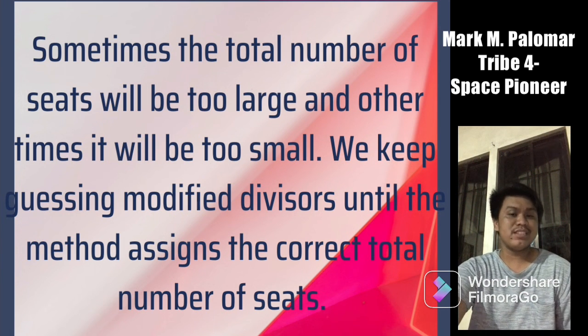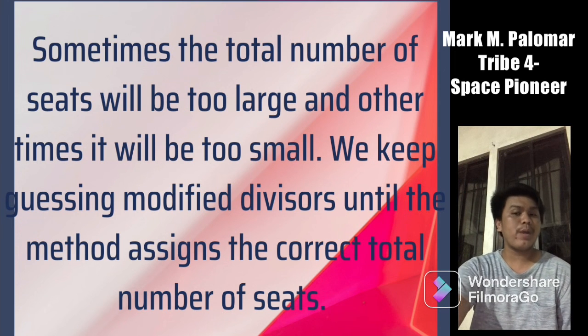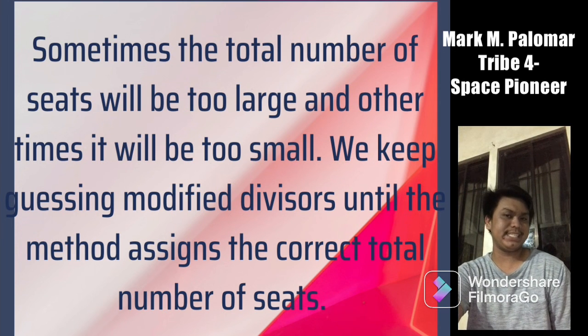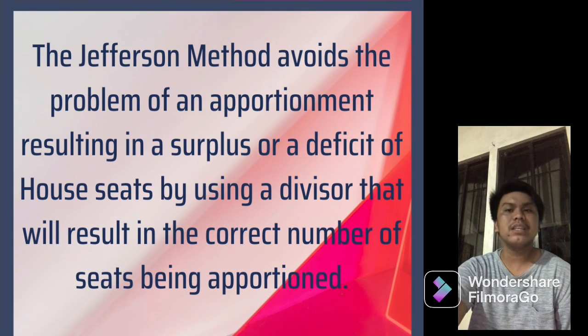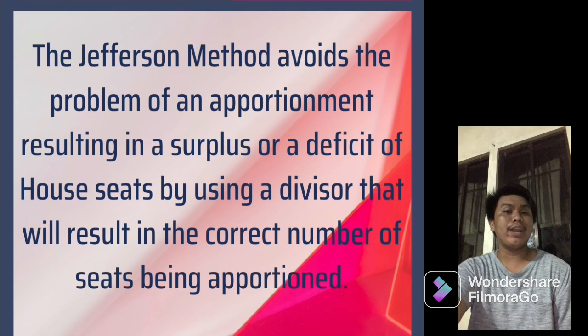We keep guessing modified divisors until the method assigns the correct total number of seats. Likewise, the Jefferson method avoids the problem of an apportionment resulting in a surplus or a deficit of house seats by using a divisor that will result in the correct number of seats being apportioned.